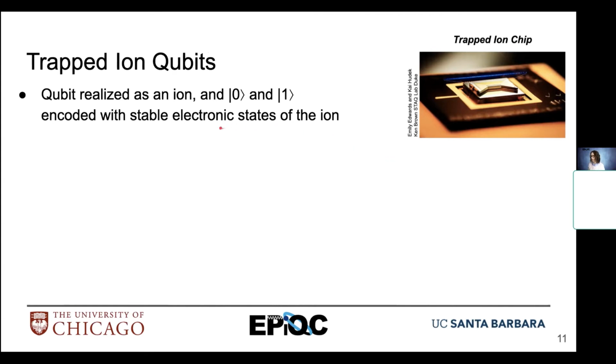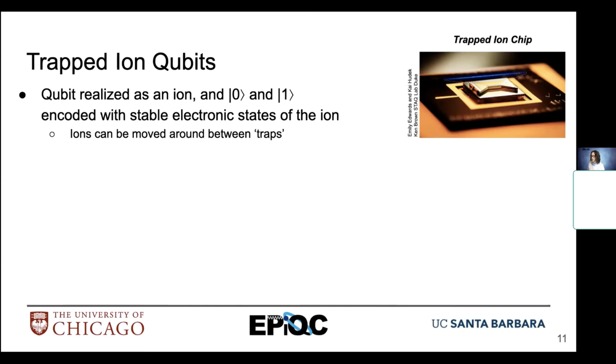So we have these electronic states associated with the ion that allow us to encode our basis states of Ket0 and Ket1. There's a bunch of different types of ions that you can use to realize these systems, and they just have different properties depending on what you're looking for in your quantum device. That's just an interesting aside.